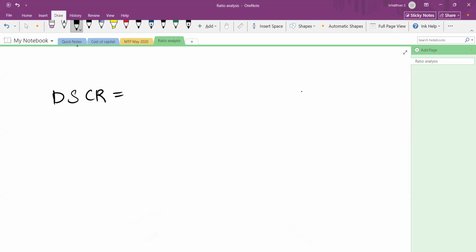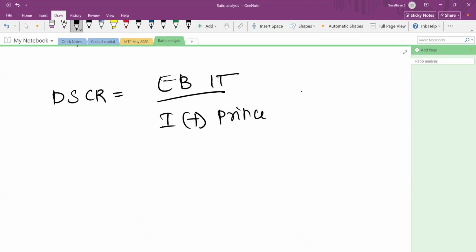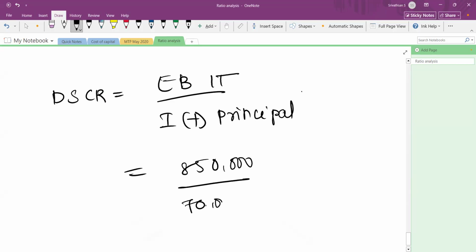What is the formula for DSCR? EBIT divided by interest plus principal, right? Now, what is the EBIT in this question? 8,50,000 divided by interest, how much? Interest is 70,000. What is the principal repayment that is going to happen in 1 year? 70,000.